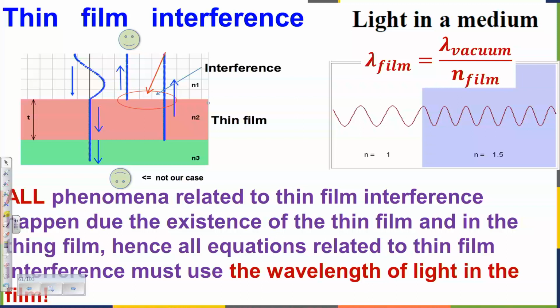That's what people sometimes forget. If you read a problem, it tells you a number for the wavelength, but that number is almost always the wavelength in vacuum, and you cannot use that number. You have to use the number for the wavelength in the film. Well, that's a natural place to stop.